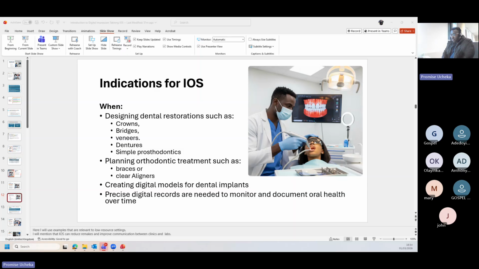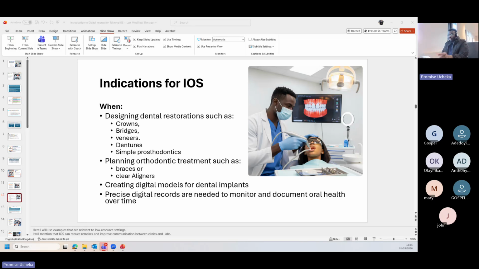But also, those of you on the oral health side of things, if you're not too involved with the restorative work we do in a dental clinic, say you're a therapist with limited access to restorations and you are more linked to patients in terms of monitoring their oral health, you may want to keep a precise record of a patient's oral health.